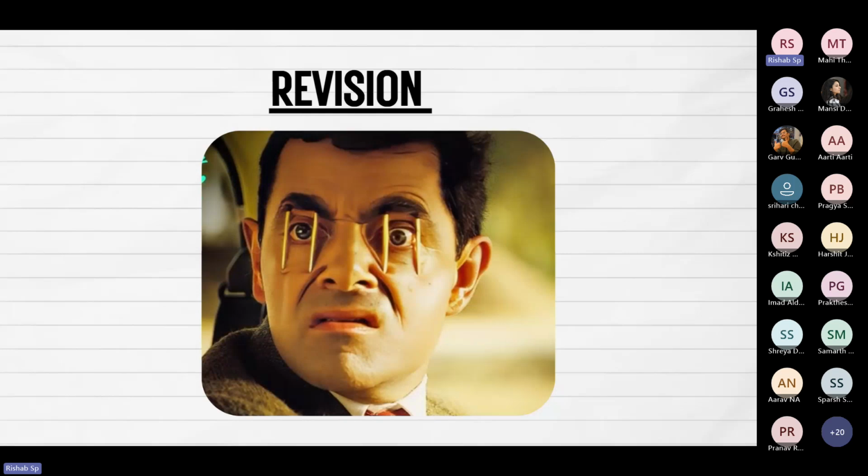In regression, we had linear regression and logistic regression. We have also learned the confusion matrix, which will be asked to find any of those values, like accuracy, precision, recall, F1 score.